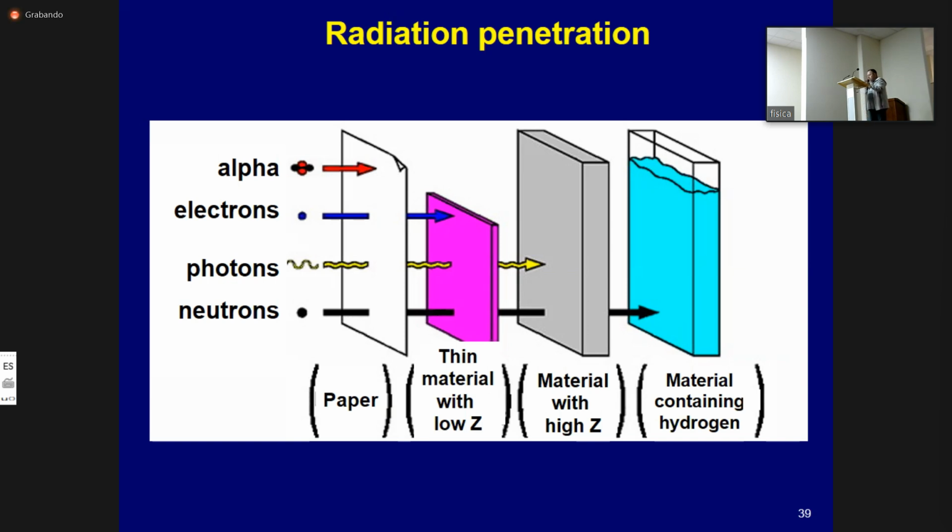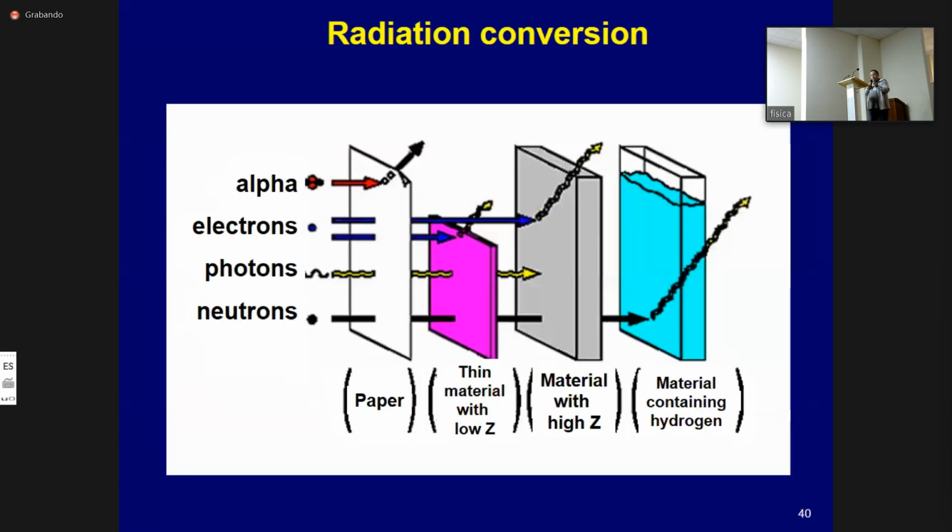Consequently, the hydrogen-containing shield becomes a source of gamma radiation when it is irradiated with neutrons. Thus, neutrons constitute both internal and external danger.